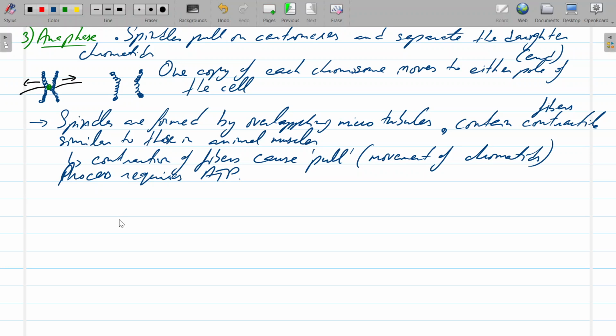Then we come finally to the last part of mitosis. It's called telophase. And over here, right? The spindle breaks down, the nuclear envelope reforms.